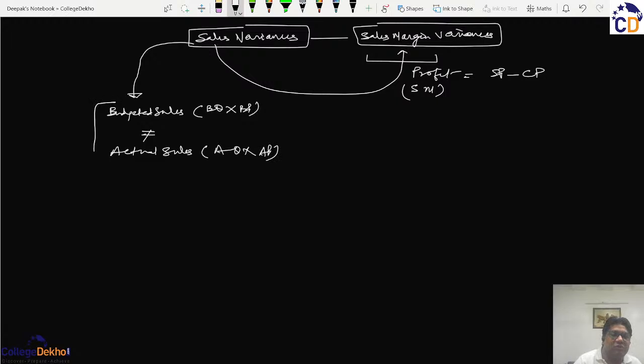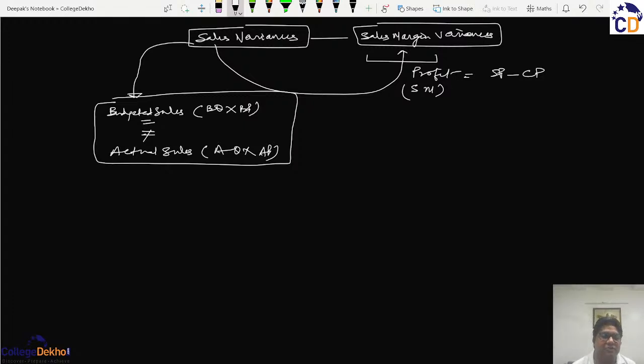We stressed in the last session that, unlike the cost variances, there will not be any standard sales. In cost variances we have to adapt the budgeted cost of the budgeted output to the actual output to arrive at the standard cost. But that is not the case with sales, because there is no adaptation.